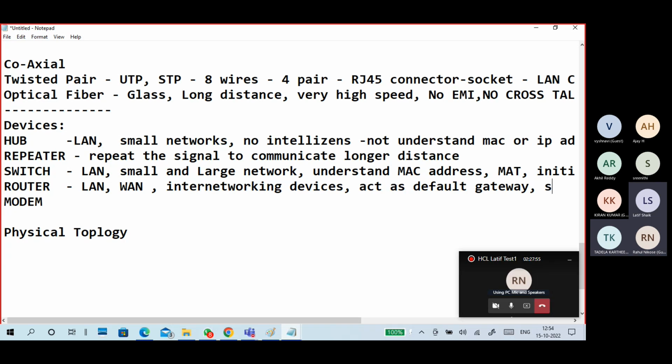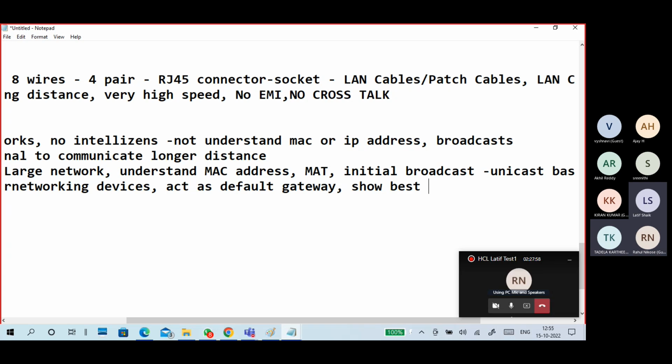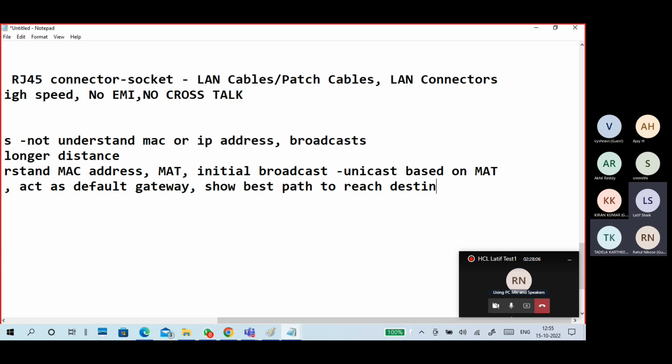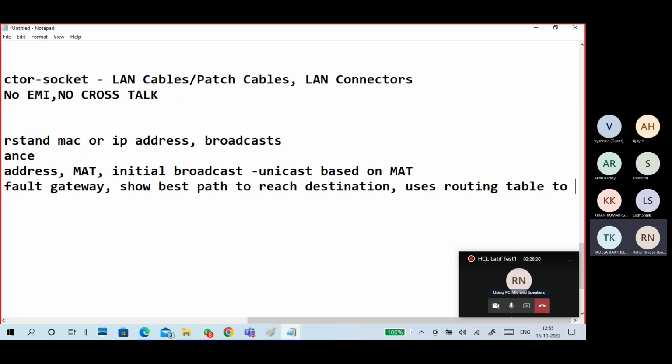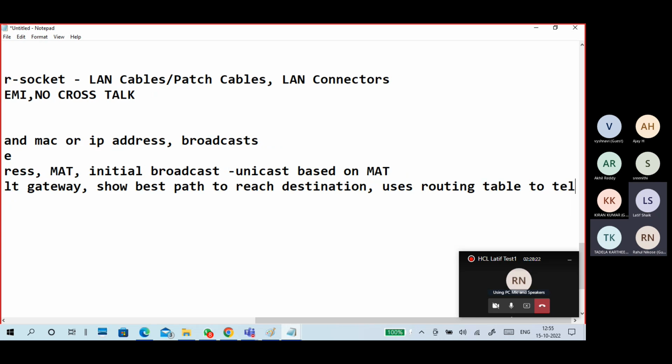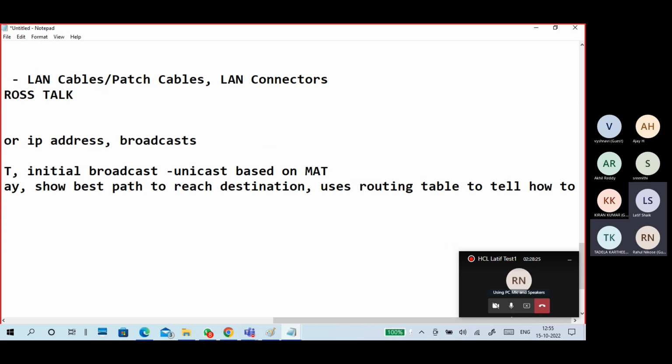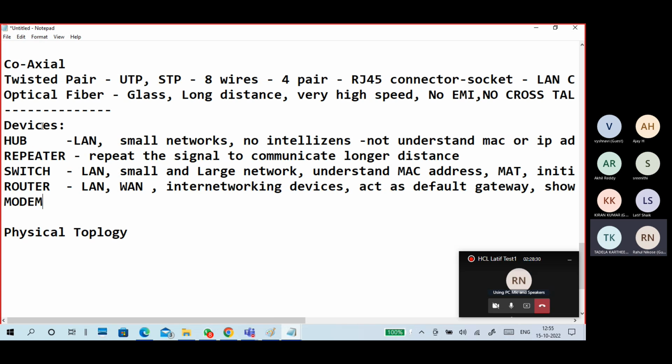It shows the best path to reach the destination. It uses a routing table to tell how to reach the destination. That also we need to mention.